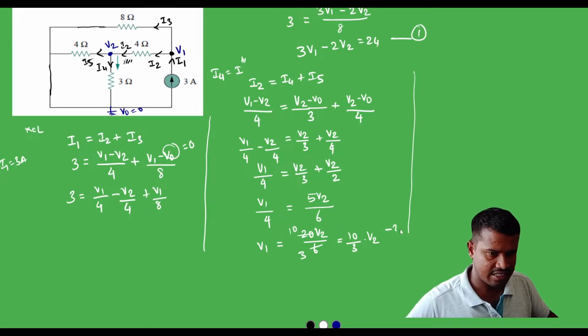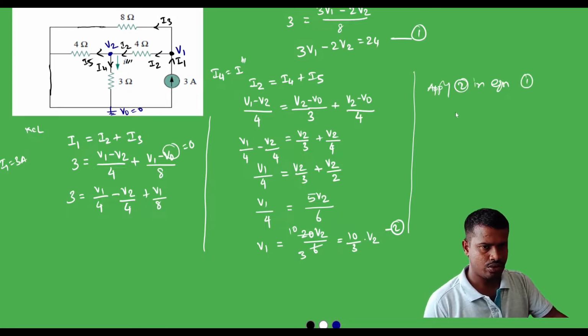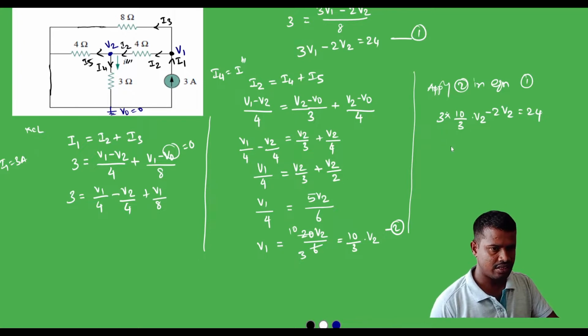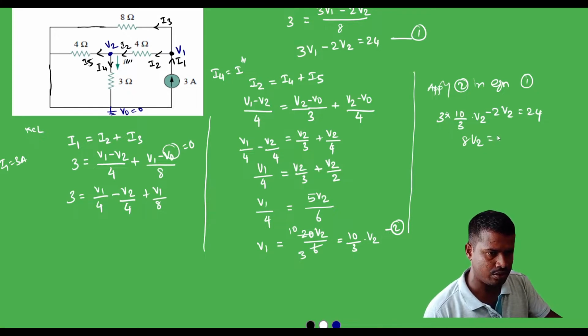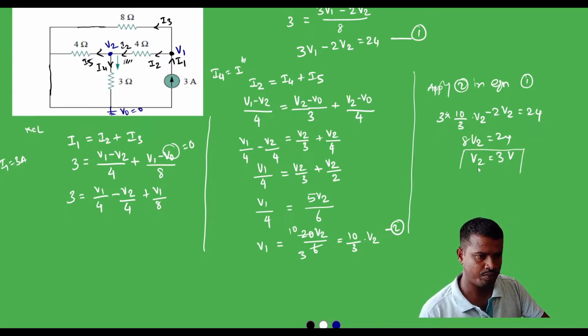Let us say this is equation 2. Now apply equation 2 in equation 1. In place of V1 we can write 10 by 3 into V2, so 3V1 becomes 10V2 minus 2V2 is equal to 24. On simplifying, 10V2 minus 2V2 is 8V2, which is equal to 24, and V2 is equal to 3 volt.